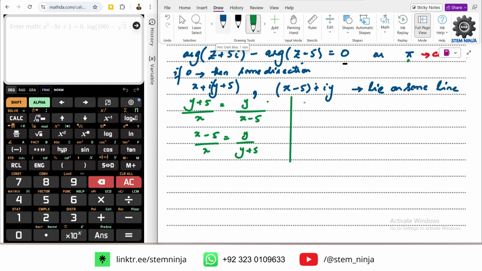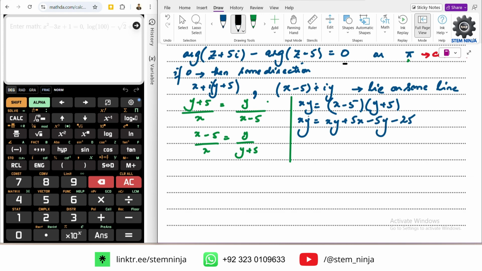Now, let's cross multiply. Either way, you could have done the cross multiplication, it would have been the same. So xy equals x minus 5 times y plus 5. So you have xy equals xy plus 5x minus 5y minus 25, and as you can see, xy gets cancelled.